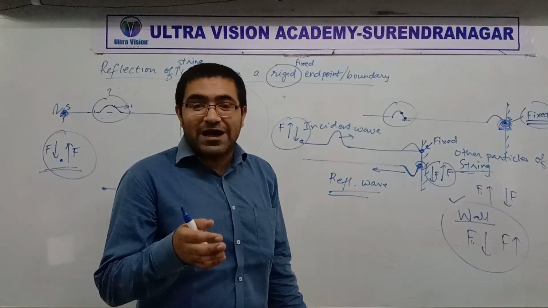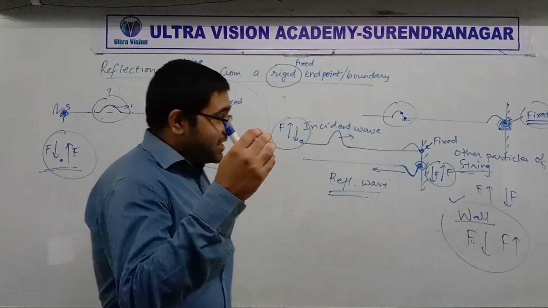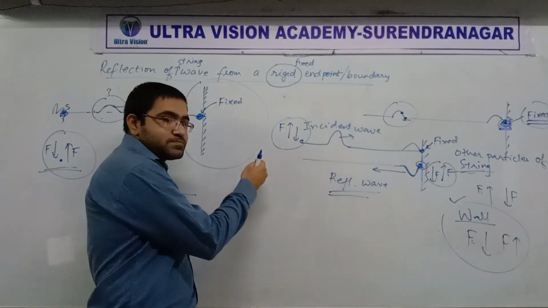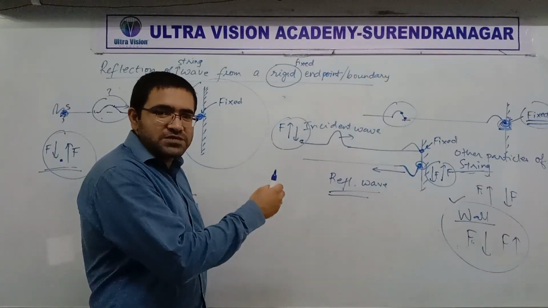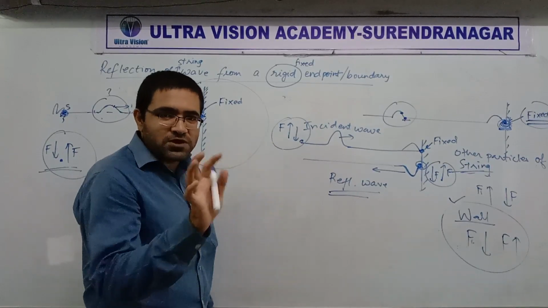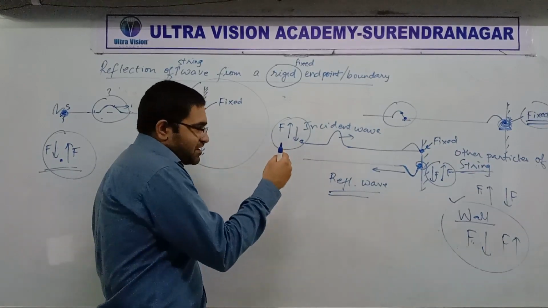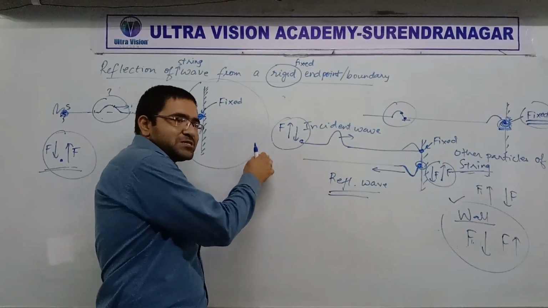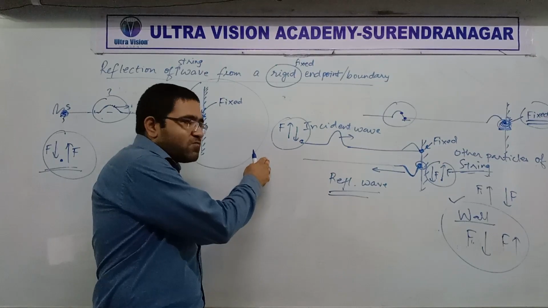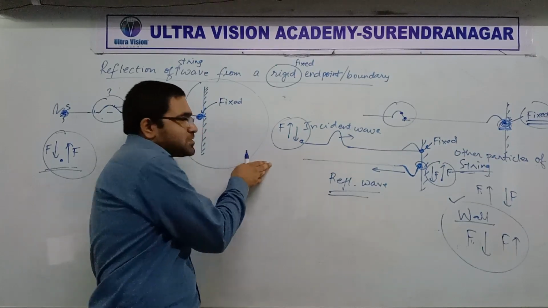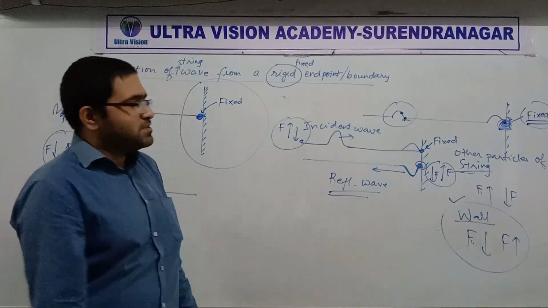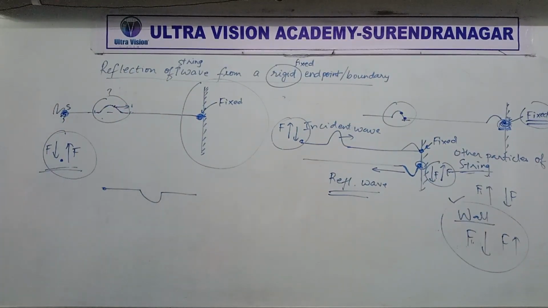So the energy that was traveling towards the wall, remember, wave is transfer of energy from one point to another point. Wave is not an object. When the energy reaches that last particle, the wall applies opposing forces and throws it back. Did you understand? So that's how the wall reflects the wave.